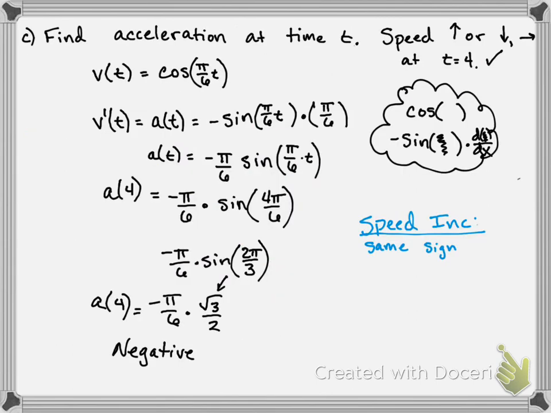So for our problem, v of 4 is a negative value. So v of 4 is less than 0. And a at 4 is also less than 0. So because they have the same sign, we say that the speed is increasing at this point.